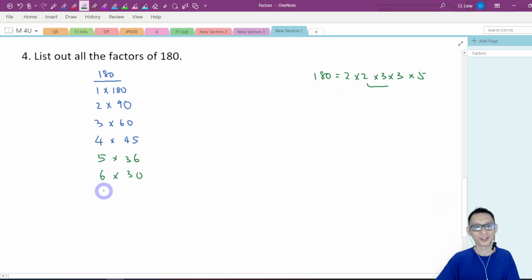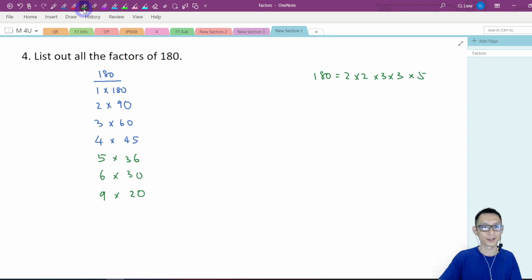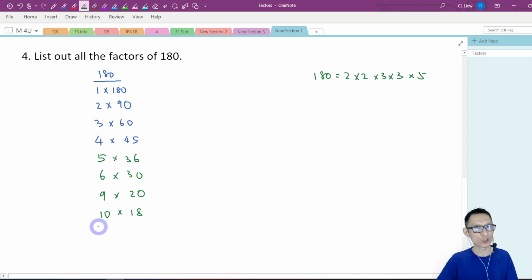7, no. 8, no. 9, yes. How do I know 9? 3 times 3 gives you 9. 10, yes. 10 times 18. 11, no. 12, is 12 yes? Yes.